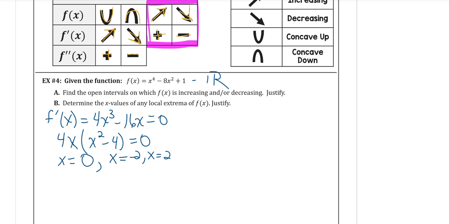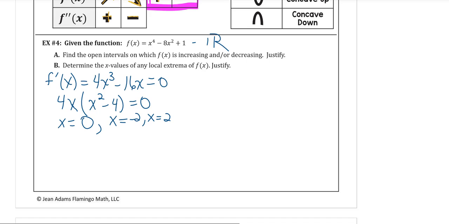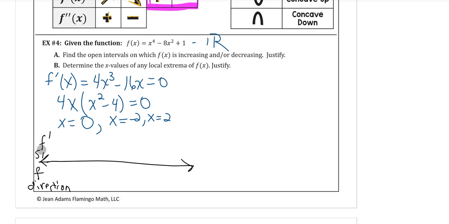Next thing we're going to do is make a sign chart. Let me just move this up a little bit. And our sign chart, we have a lot on it this time. So here's our f direction. This is our f prime sign. Here's our x's.